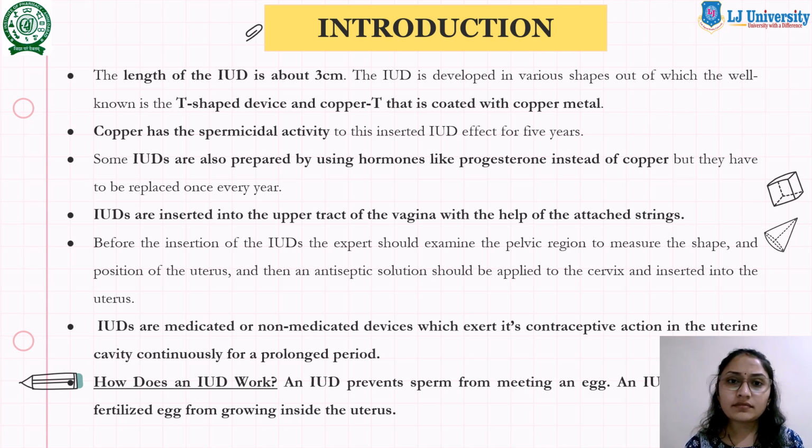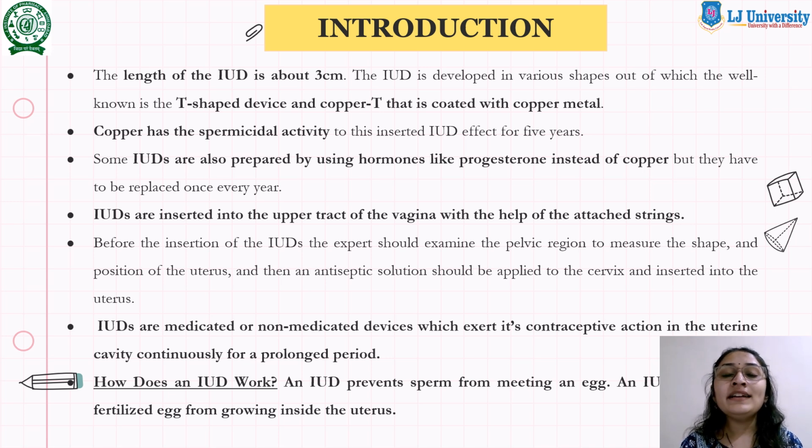I don't know if you already know that in the market Copper T is available. That Copper T is nothing but the brand name for intrauterine devices. So you might have heard about this term Copper T, which is nothing but a contraceptive device, also known as an intrauterine device.